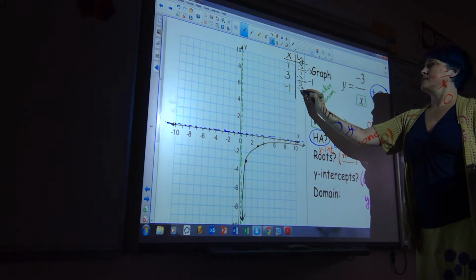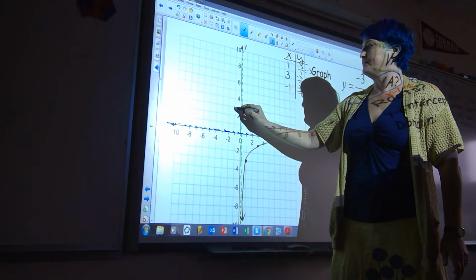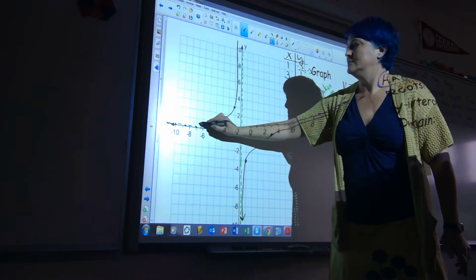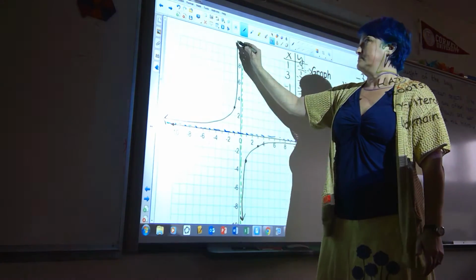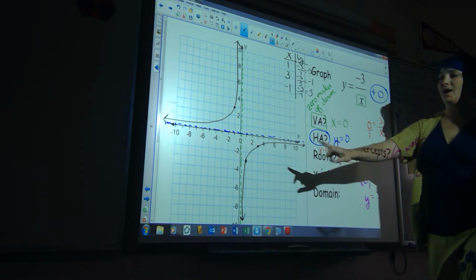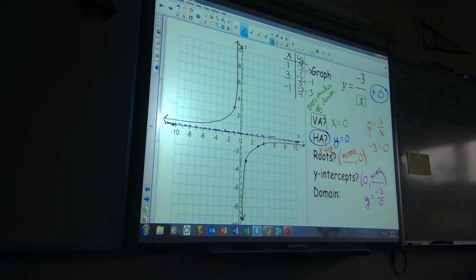You're going to get -3 over -1, so therefore you get a 3. So over -1 and up 3, and here's my curve. Sometimes they will have these sort of symmetric points, but not all the time. So I usually just do a t-table for that.